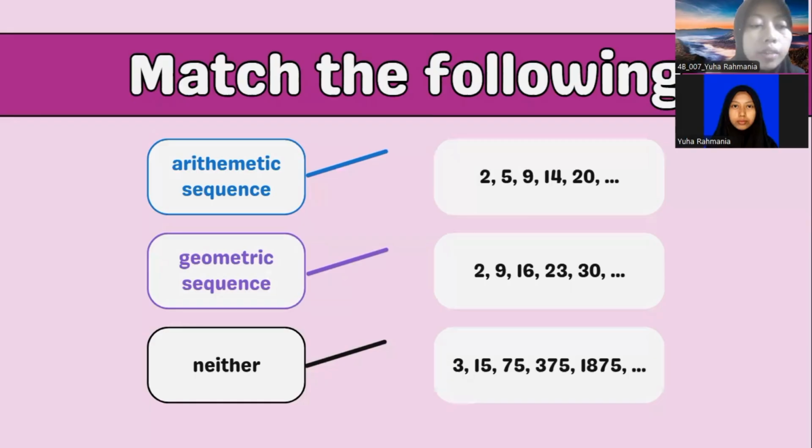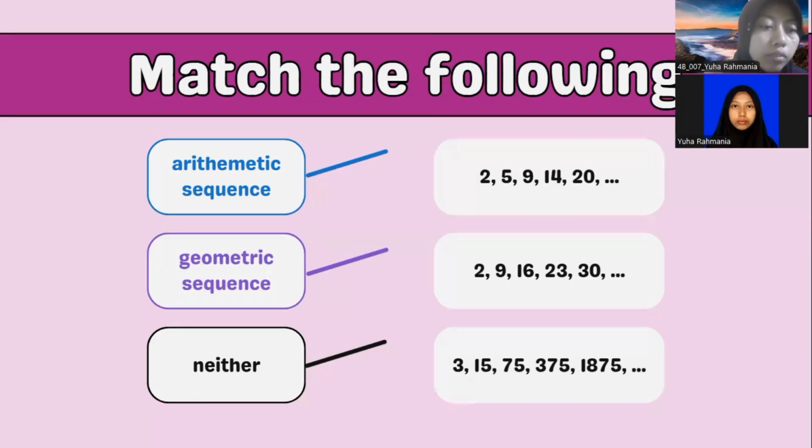with a common difference of 7. Finally, the third sequence is 3, 15, 75, and so on.